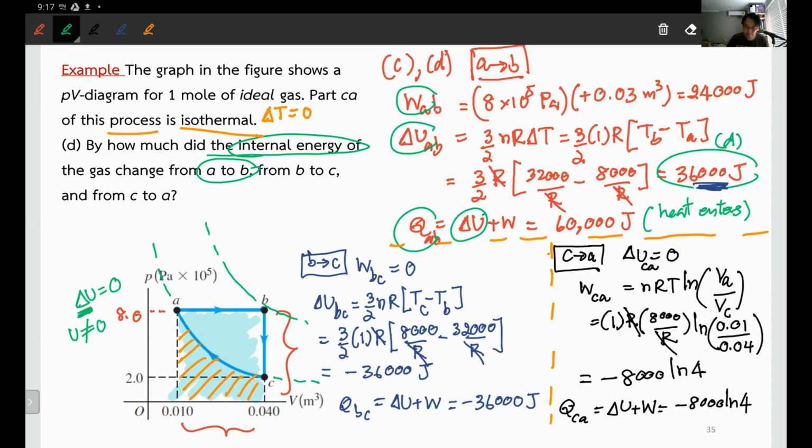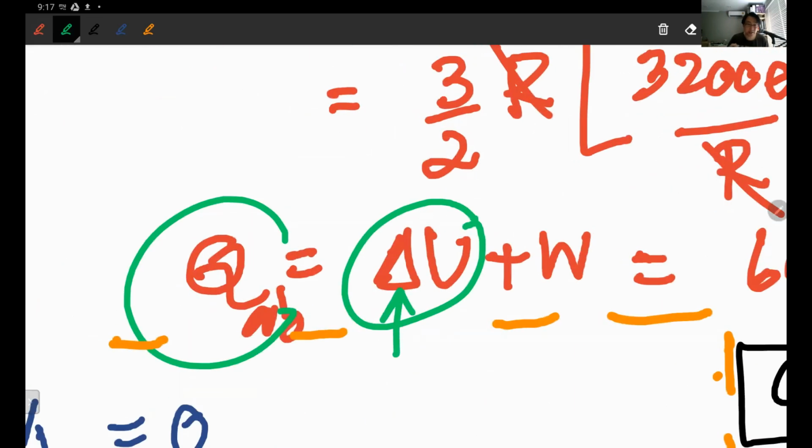So the key is that you understand this first law: we care only about the change, the change of the U, not the U itself.